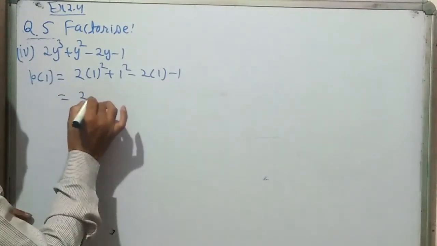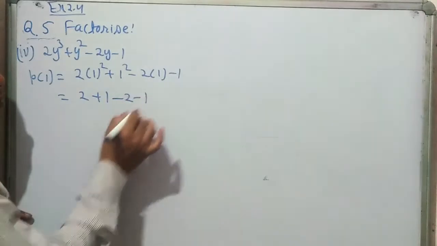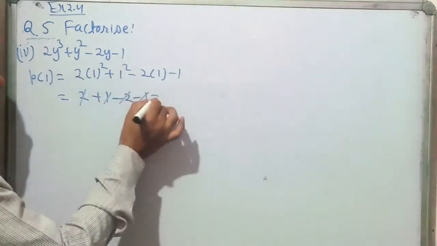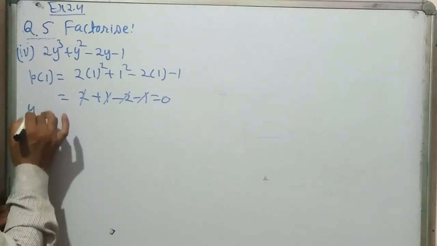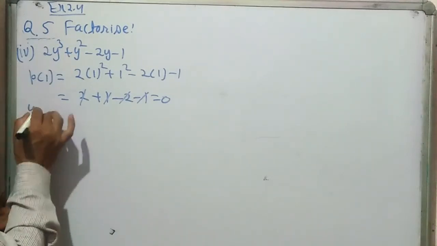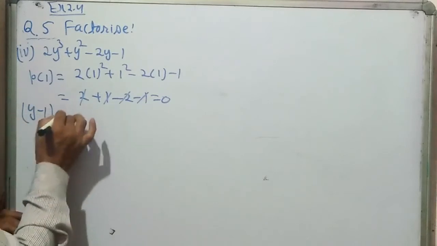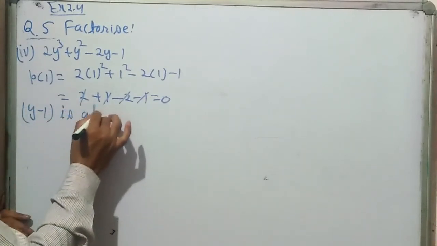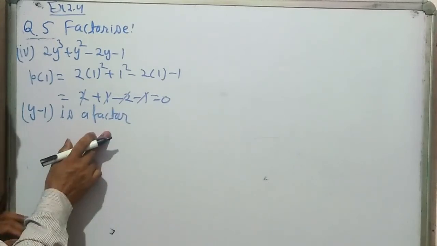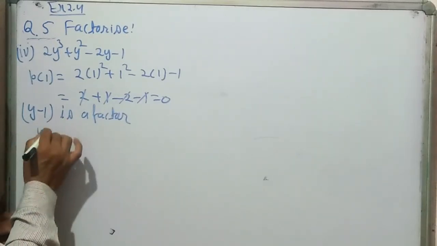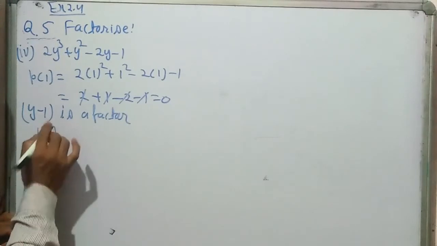We are getting this as 2 plus 1 minus 2 minus 1. This cancels, we are getting 0. That means we can say y minus 1 will be a factor. Since y minus 1 is a factor, we divide by y minus 1.